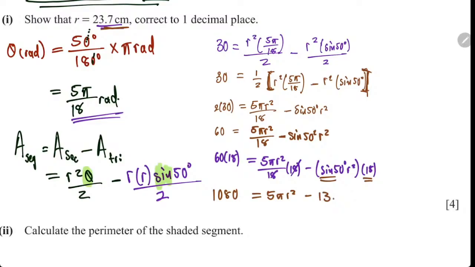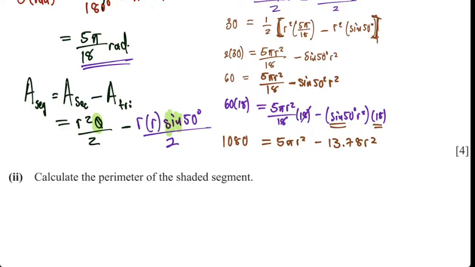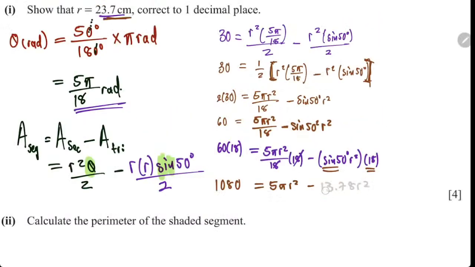So minus 13.78 r squared. So now you have things with r squared. So punch now, everybody. Even if you say it is minus 18 sine 50 degrees of r squared, it's still fine. Because what you do is you bring out the r squared.